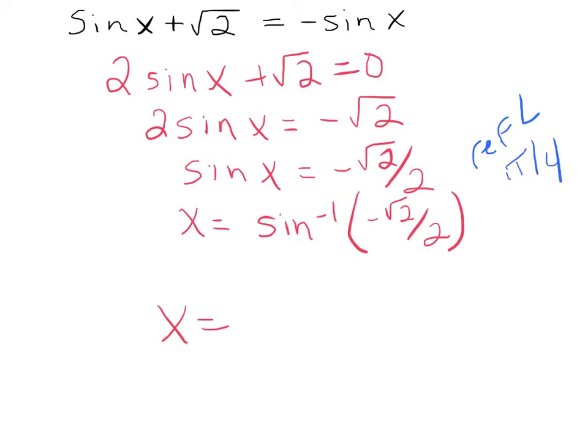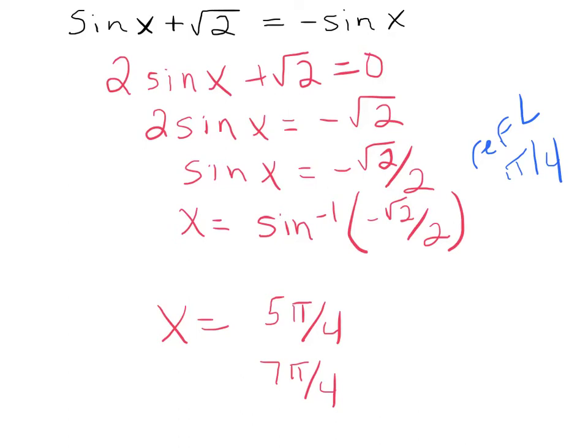So since I'm going to be in the third quadrant, that means I'm going to have 5 pi over 4. And in the fourth quadrant, I would have 7 pi over 4. Okay. Now, notice there was no restriction on this problem, which means there can be more than just those solutions.